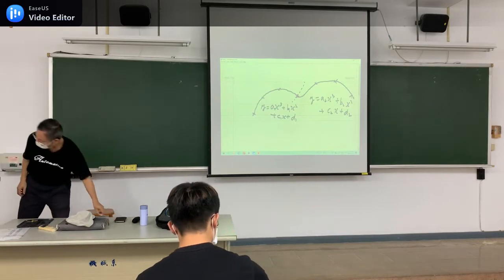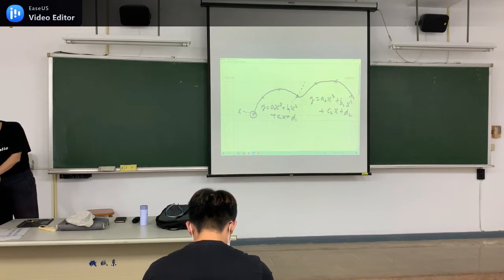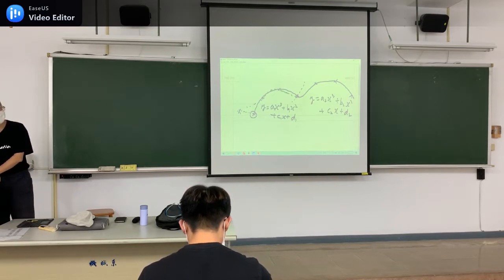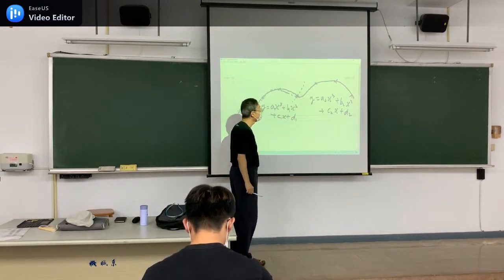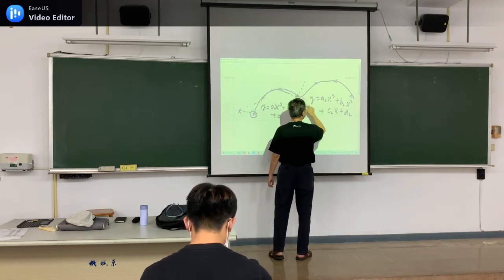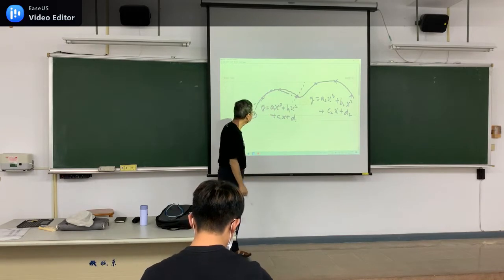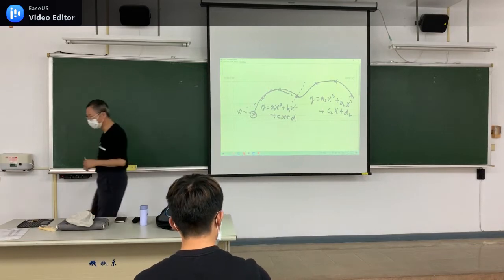If you change this point up to here, then the polynomial will change like this, right? But this point is not changed. So these 4 points are exactly the same. This polynomial will not be changed. But this one will be changed. Okay. So this is one example.